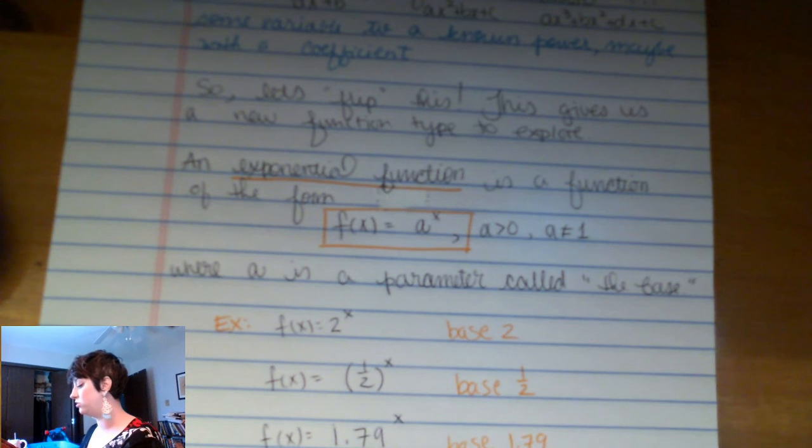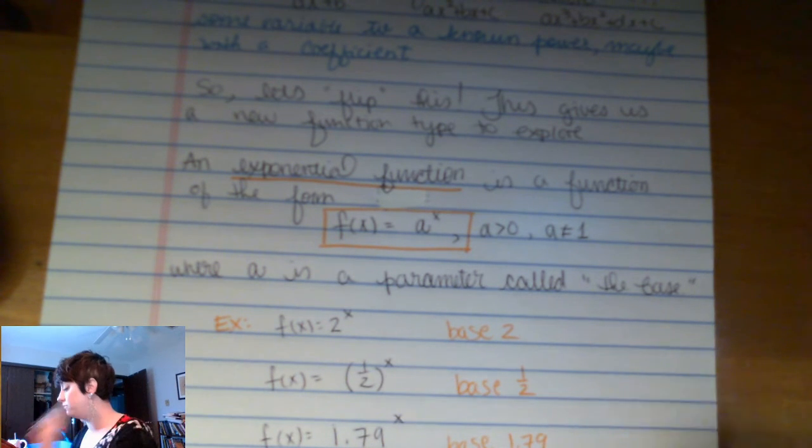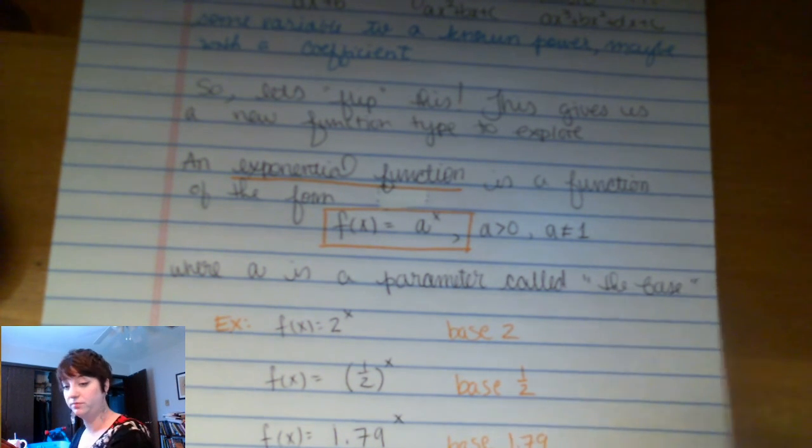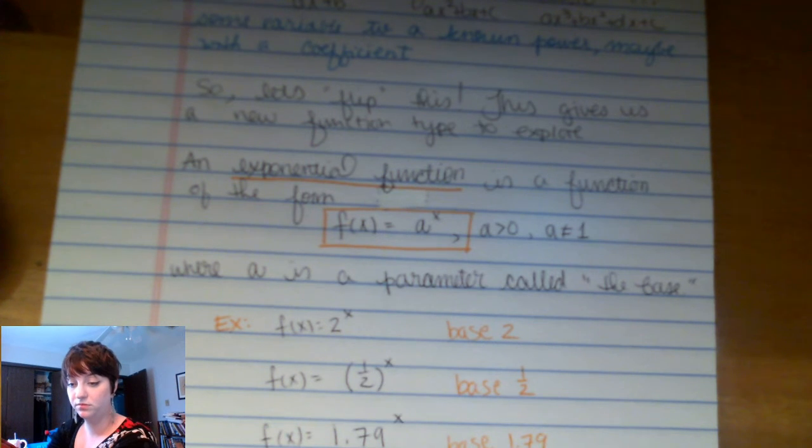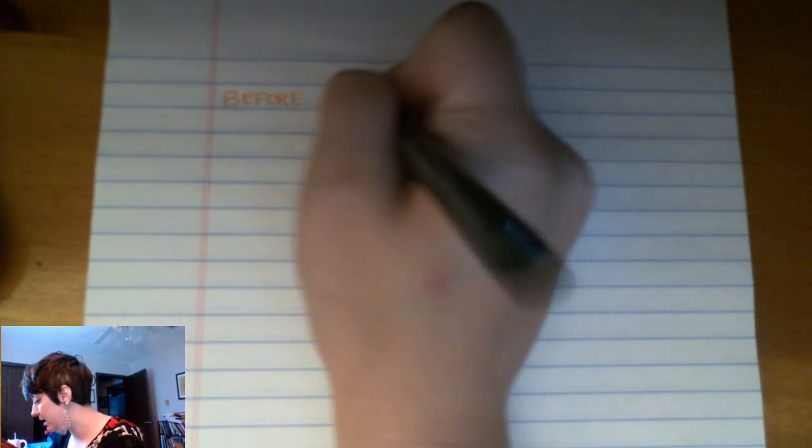Actually, let me talk more about how this differs from the functions we were looking at before. Before we were looking at things like x squared, and now I'm using x squared and 2 to the x just because those are the simplest I could do.